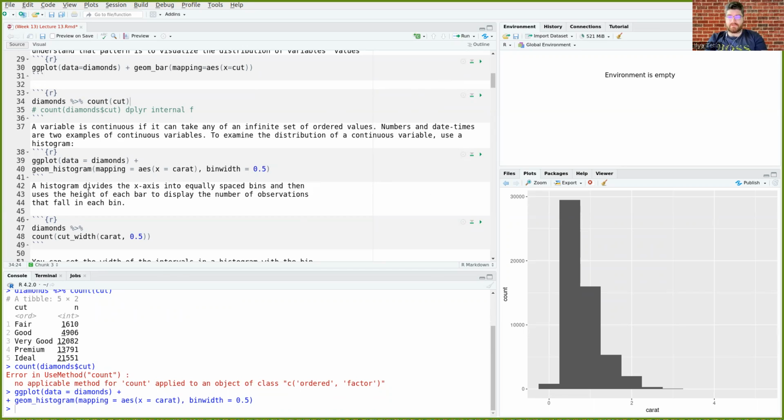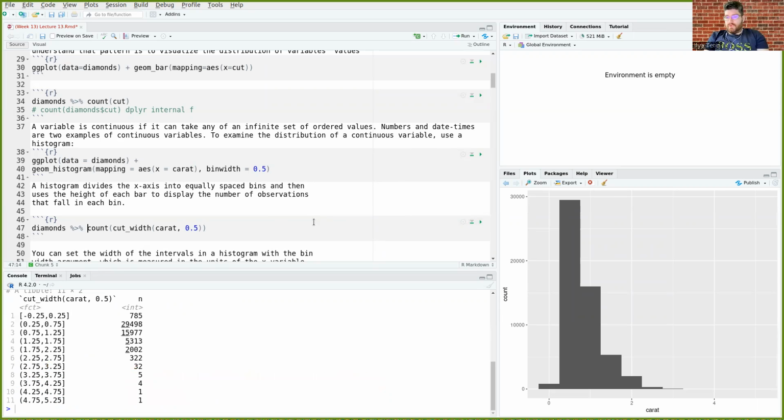with histograms. So histograms divide the x-axis into equally spaced bins, and we can provide this view of these bins. Let's say we need to group our data in some particular 0.5 carat lengths.